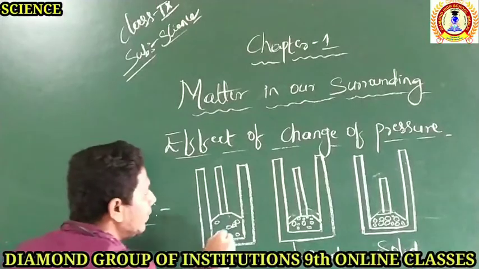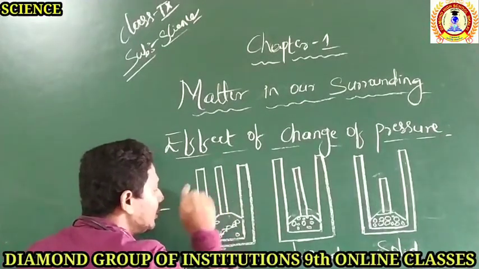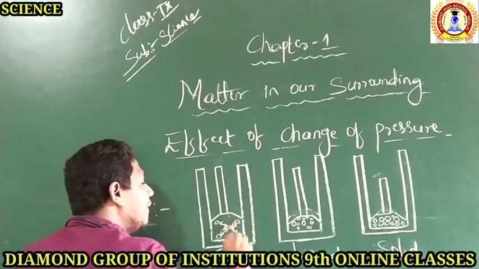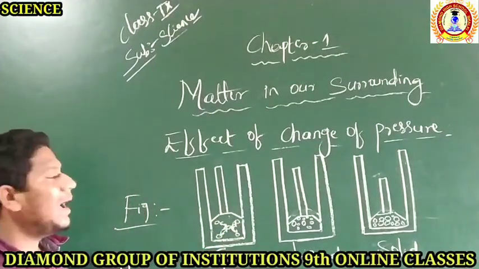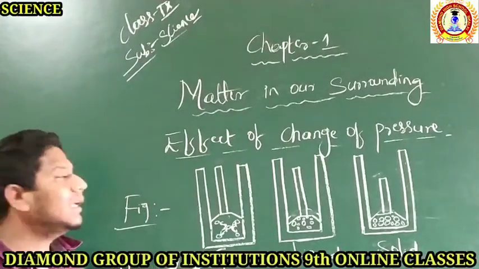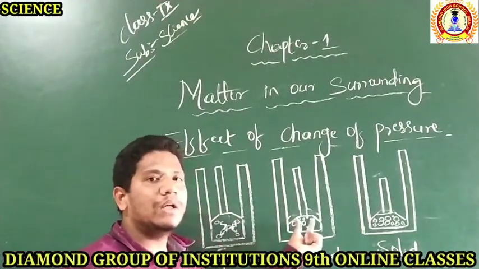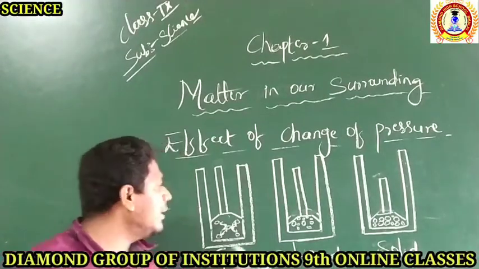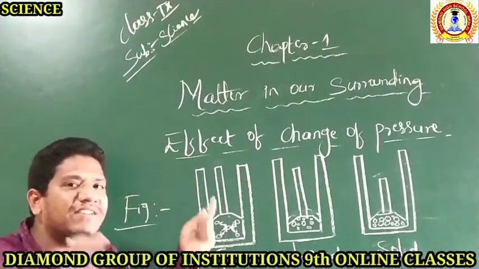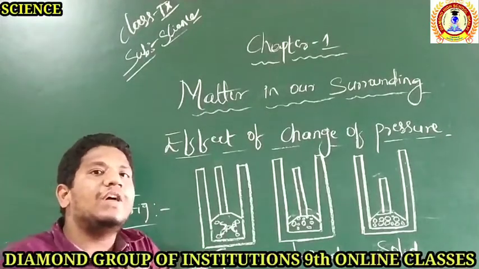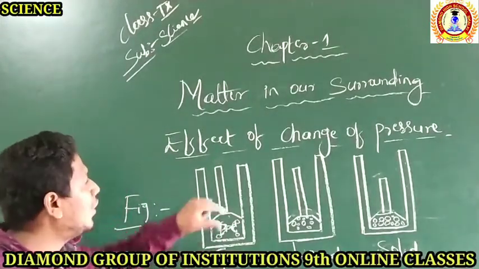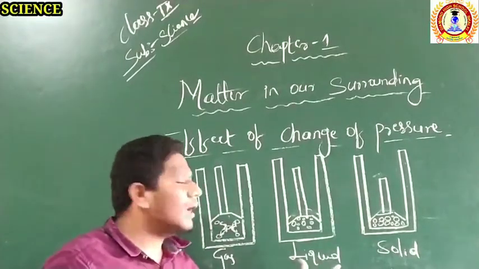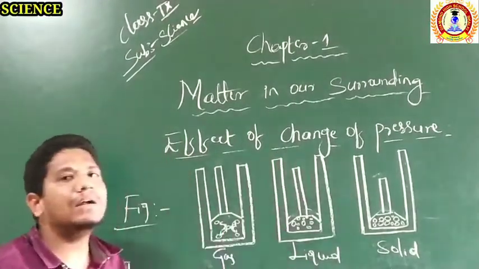The distance between the molecules of the gas is very much, so it is going to decrease whenever we compress the gas, and it will match the molecular gap of the liquid, and as a result the gas will convert to the liquid because the molecular space decreases to that of the liquid state. So the gas can be compressed and converted to the liquid state by applying pressure.